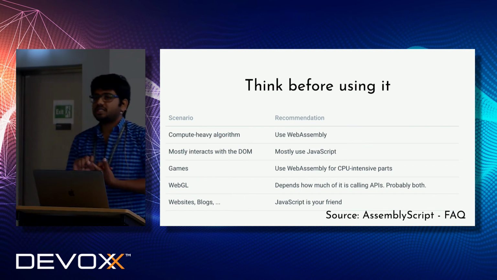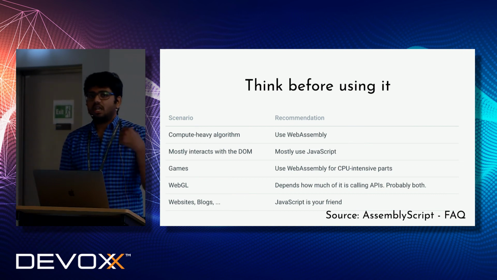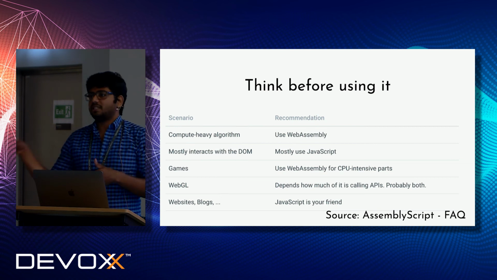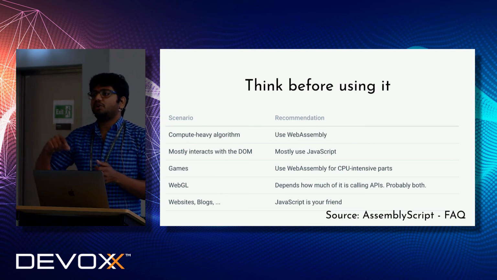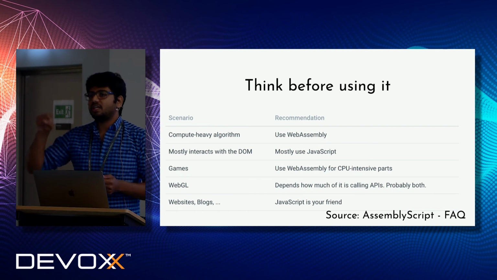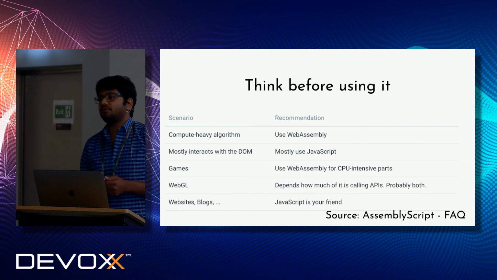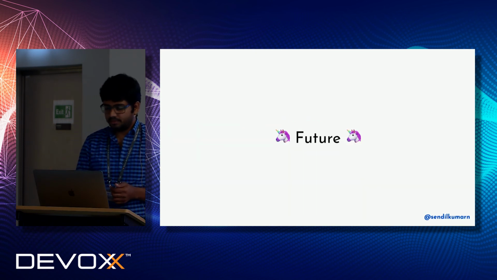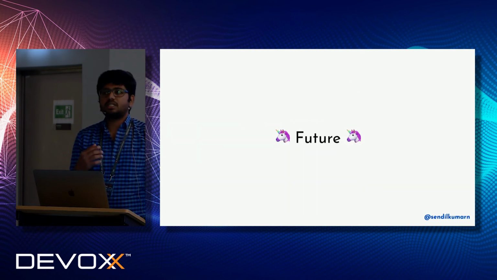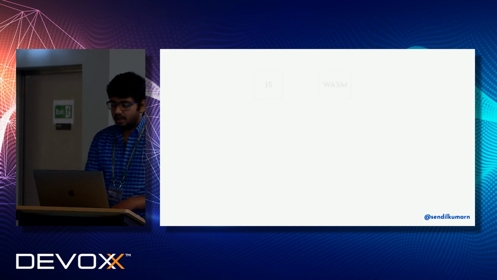And also, one more thing is the boundary crossing that we have discussed. Like traveling from JavaScript to WebAssembly land, you have to make sure that you're doing that a minimal number of times. If you increase the number of times this boundary crossing happens, your performance will obviously go down. That's the bigger problem. So what is in the future of WebAssembly?